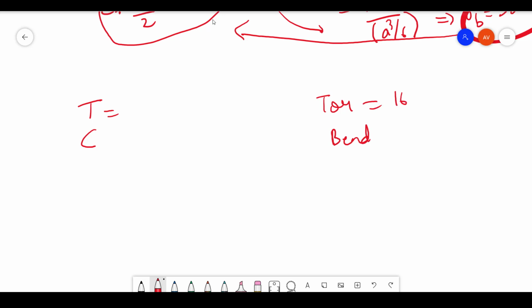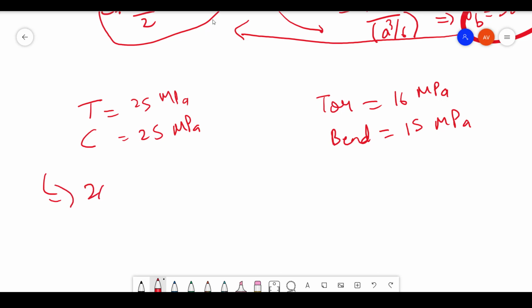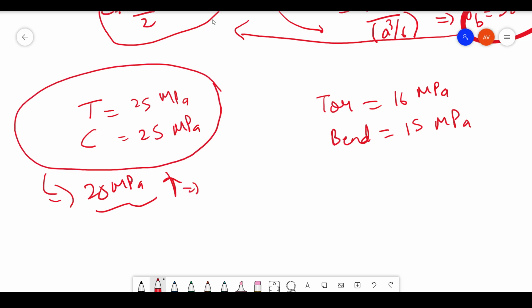In torsion you got tau to be 16 MPa, bending it was 15 MPa, and in both tension and compression you have 25 MPa. Now in the problem it was given that its shear strength is 20 MPa. So anything greater than 20 MPa will make it fail. So that means your answer is tension and compression.